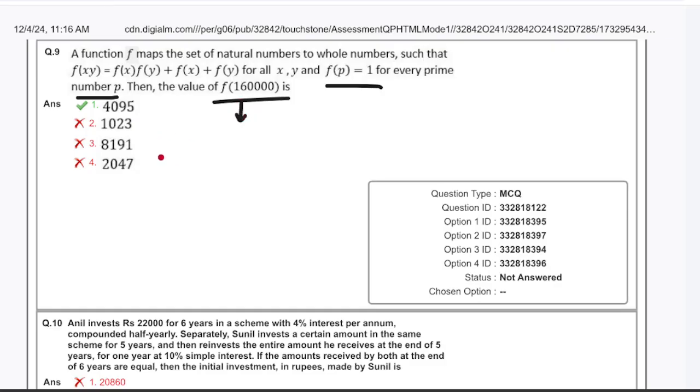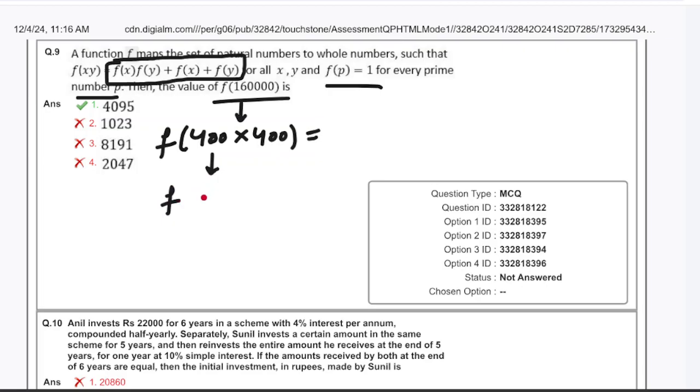So we can write it as f(400 into 400). Now this equation will come in front, right hand side. And again, 400 is a square of 20, that means this is f(20 into 20). From f(20 into 20), we can see 20 is f(5 into 4).